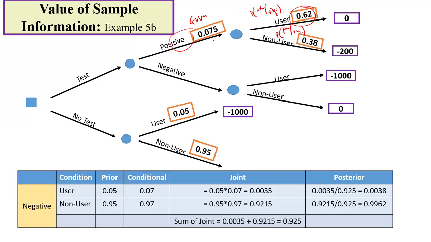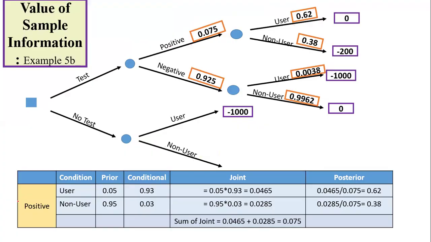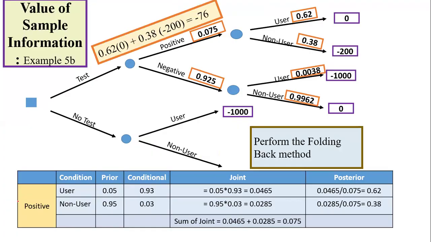And then you are finding out for the negative case also the same way. And you actually multiply now all of them. Do the math. So 0.62 multiplied by 0 plus 0.38 multiplied by minus 200 is minus 76. You write down minus 76 here. So that's the value up to here.